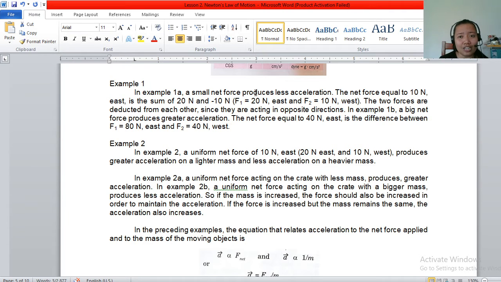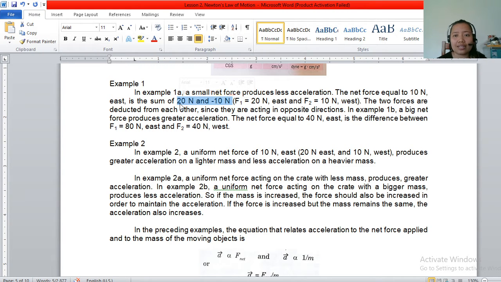Maliit din yung acceleration. The net force equal to 10 Newton east is the sum of 20 Newton and negative 10 Newton. So, kung i-add po natin ang 20 Newton at saka negative 10 Newton, the net force will be 10 Newton. So, the two forces are deducted from each other since the two forces are in opposite directions.